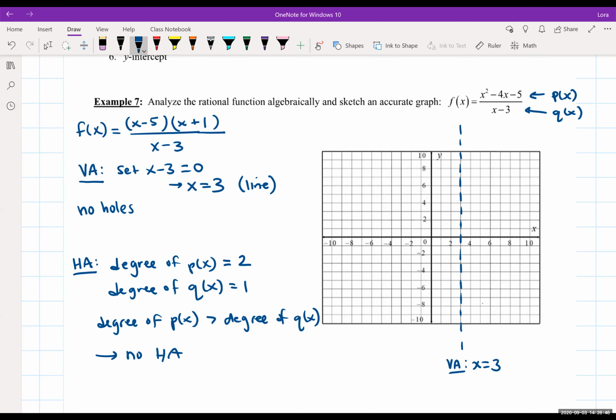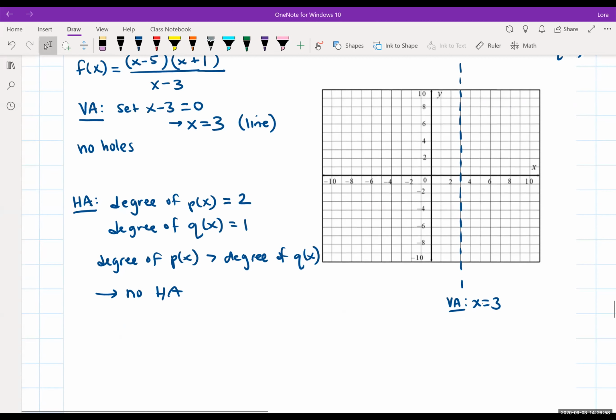A lot of times when I know there's no horizontal asymptote, the next natural question is whether we have a slant asymptote, or sometimes you say oblique asymptote. I like to label it as SA, or OA if you're talking about oblique.